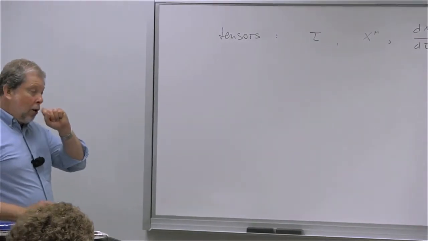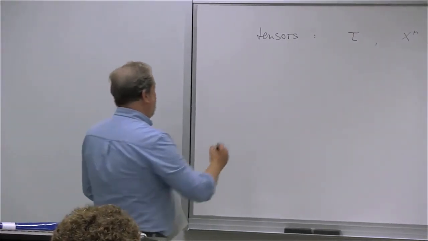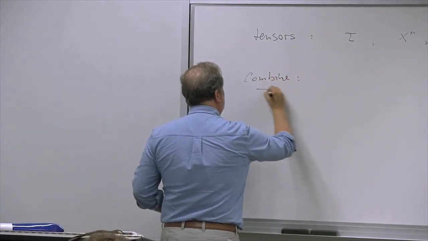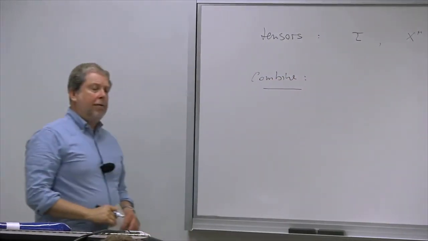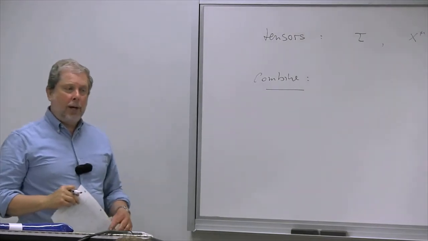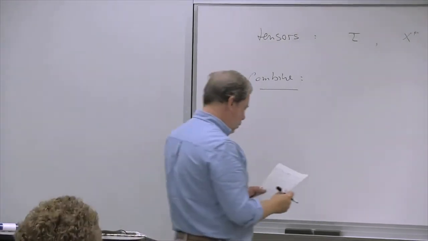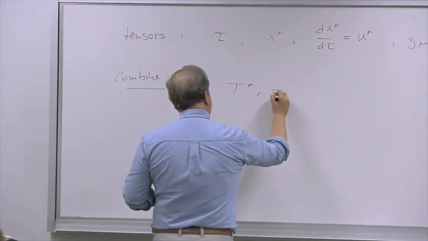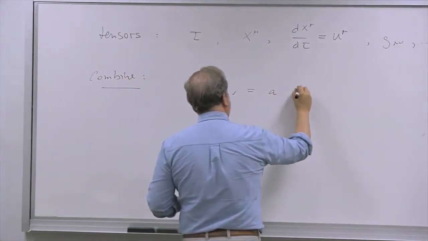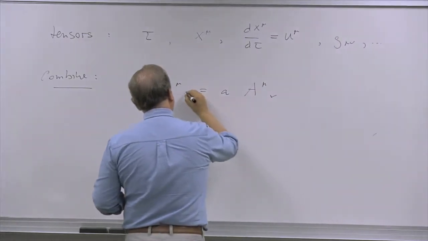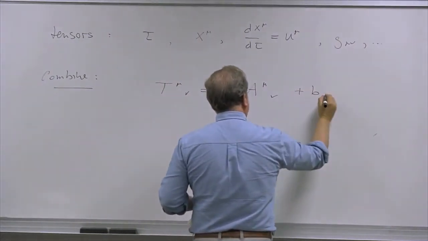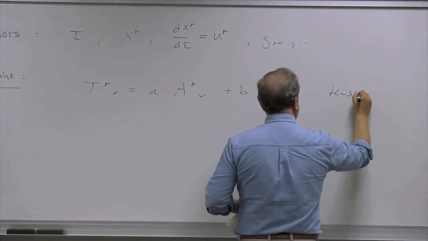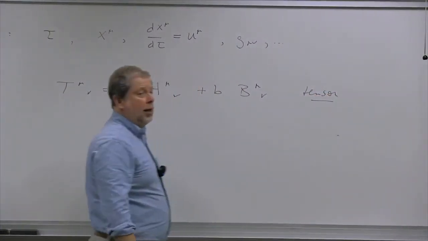And so now we want to learn how we can combine these things. And well, if something is a tensor, then a linear combination of these things is also a tensor. So we can take T mu nu to be some coefficient A times A mu nu, plus some other coefficient B times B mu nu, and that is a tensor also, provided, of course, A and B are tensors.